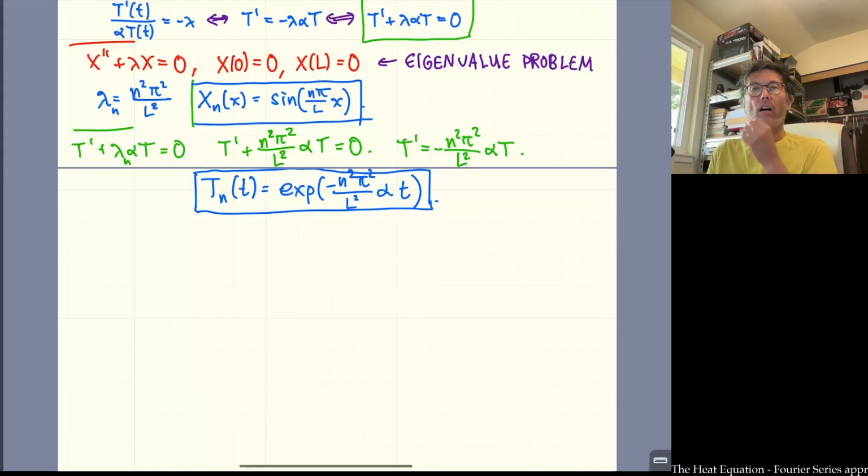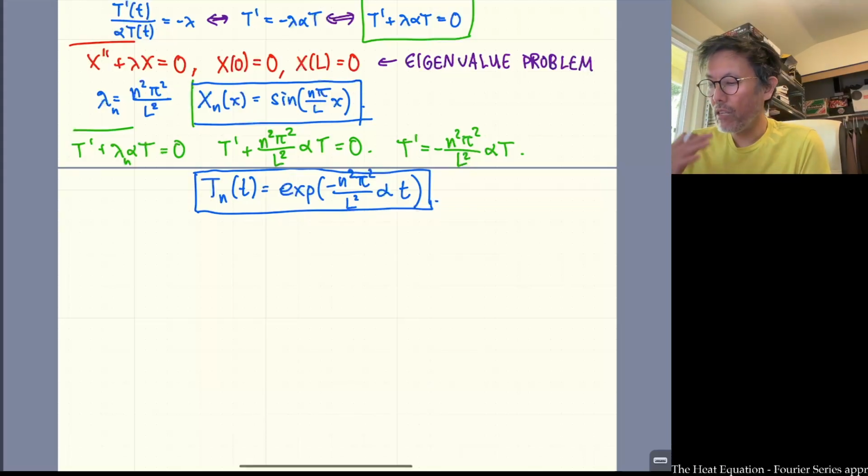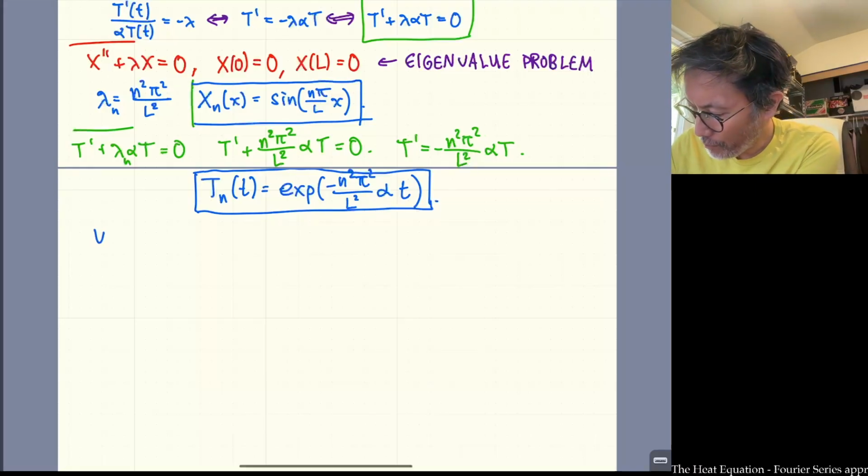Now, crucially, if you think about what's going on when small t is equal to 0. Well, actually, let me back up. Let's write down what I'm going to call u sub n, which is the product of X sub n and T sub n. So u sub n of x comma t is going to be X sub n times T sub n.